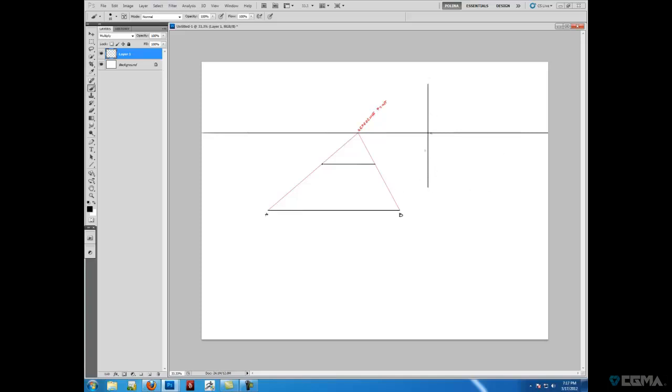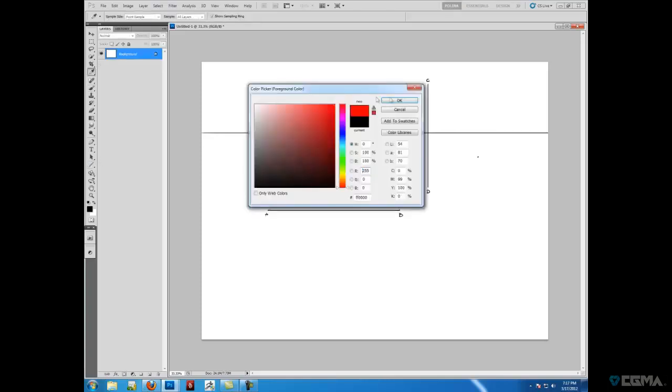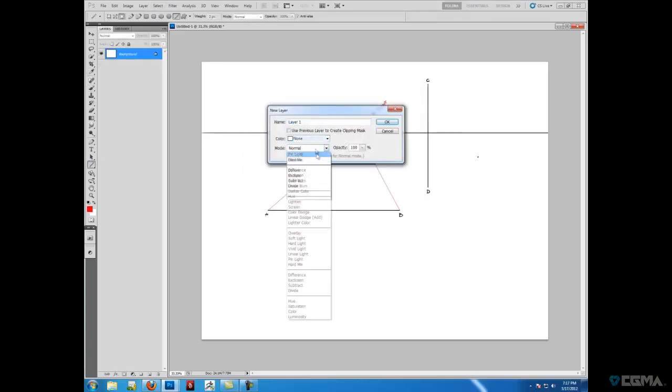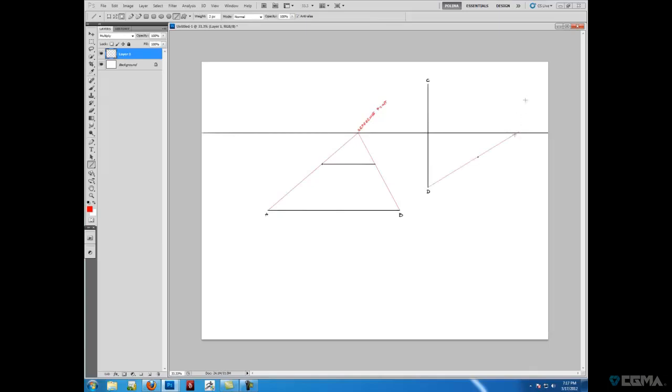Now, let's say we wanted this vertical line, and we'll call this CD, and we want to move it over here. Now we have a new reference point. And now from the reference point to point C, and from the dot, we have our vertical line, which signifies the same length.